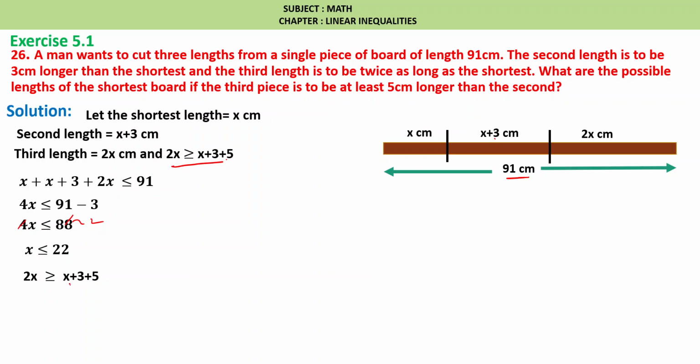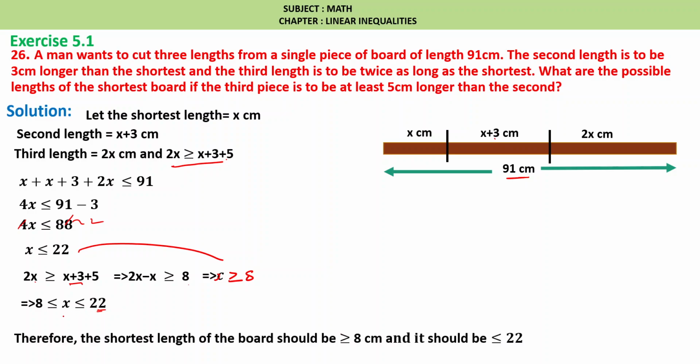That implies 2x minus x is greater than or equal to 8, that is x is greater than or equal to 8. By combining these two conditions, we can write x as 8 is less than or equal to x less than or equal to 22. Therefore, the shortest length of the board should be greater than or equal to 8 centimeters.